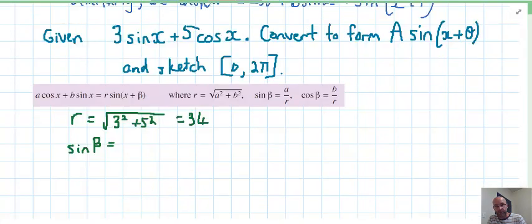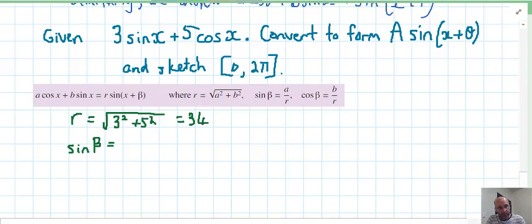So I started the ball rolling by putting the rule there, and then r is 34 because we have a is 3 and b is 5, putting that into the formula, and then sine beta is a over r, which in this case will be 3 over 34. Cos beta equals b over r, which will be 5 over 34.